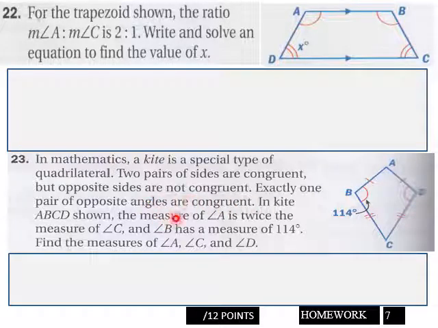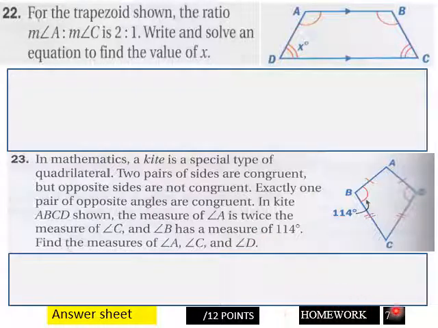Exactly 1 pair of opposite angles are congruent, so there and there. In kite ABCD, the measure of angle A is twice the measure of angle C, and B has a measure of 114. Find the measure of these angles here.